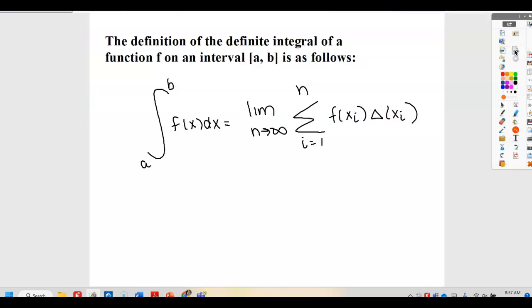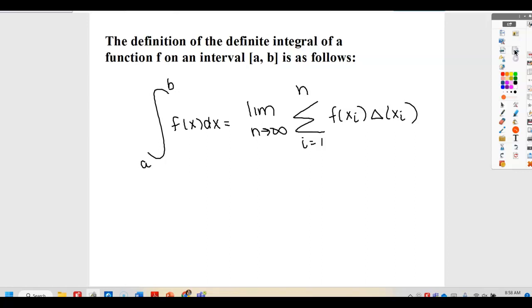The definition of the definite integral says that the integral from a to b of f of x dx is equal to that limit. Limits and integrals, just like limits and derivatives, go hand in hand. The limit as we have n subintervals and add them up represents the area under the curve, which represents the integral.